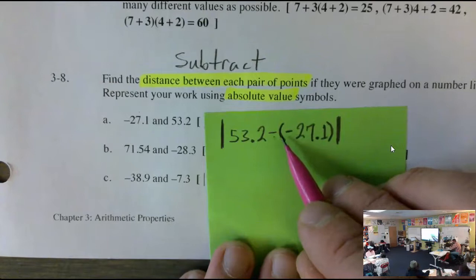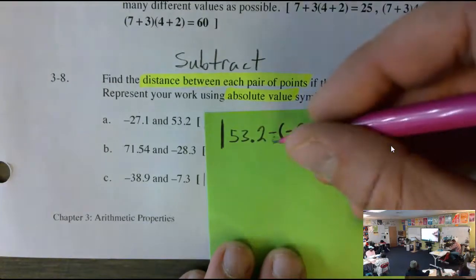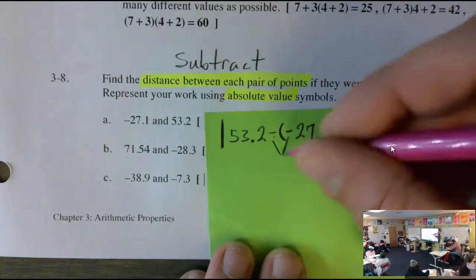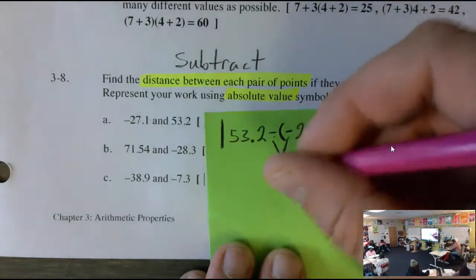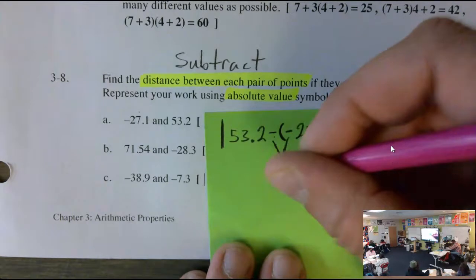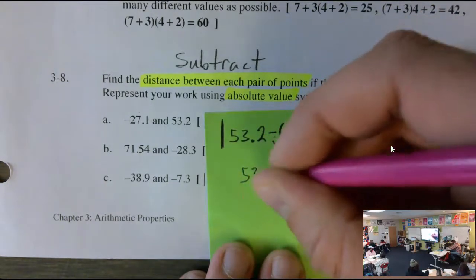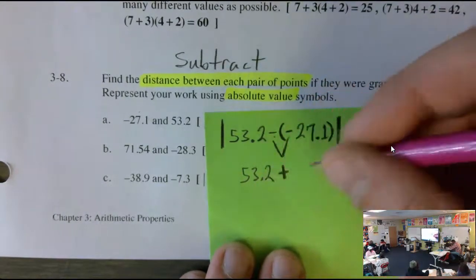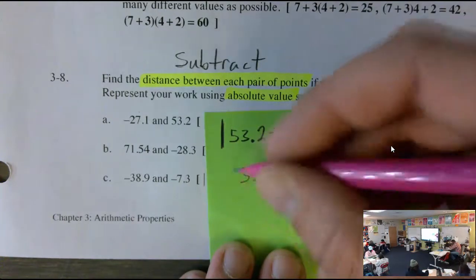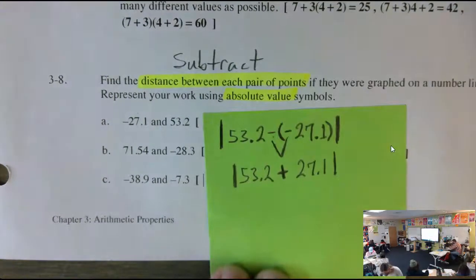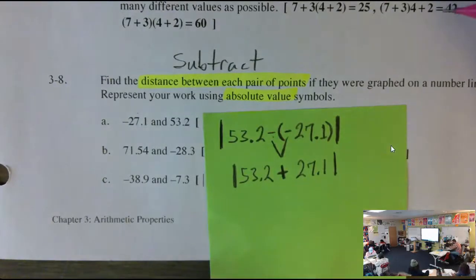It adds. Minus a negative, and guys, you should draw this work, especially if you're not very comfortable with it. Minus a negative becomes plus a positive. So now we have 53.2 plus 27.1, still inside the absolute value bars.